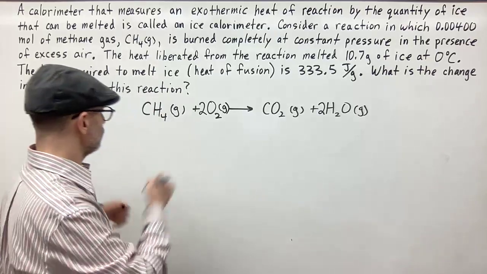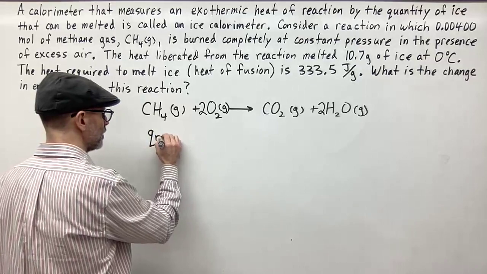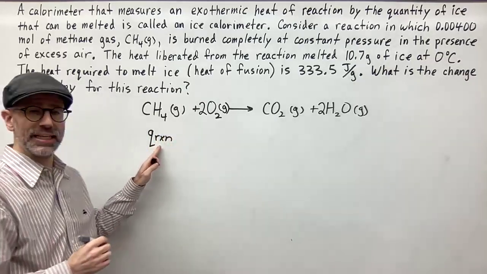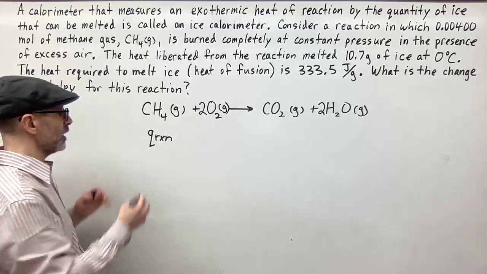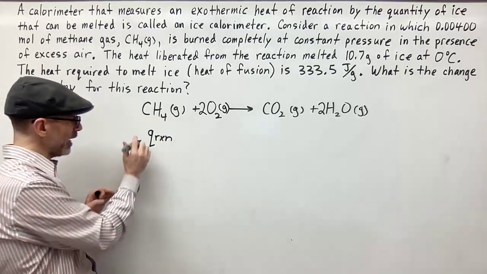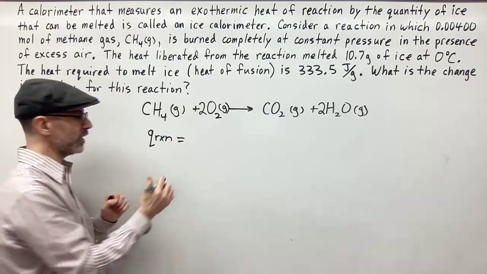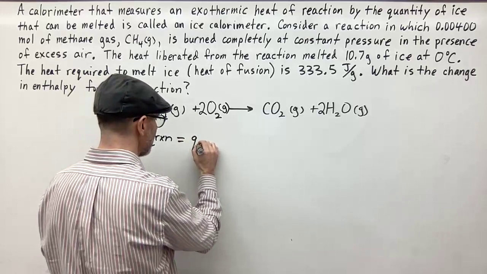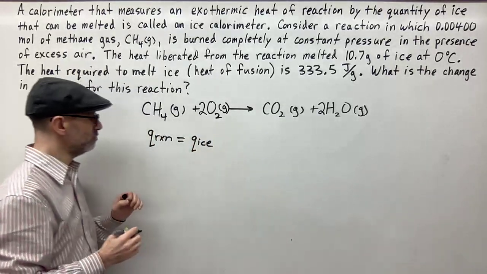So we have the heat of the reaction, Q of the reaction. That's the heat released by the reaction. Q is heat. And so we know that all of the heat that's released by the reaction is going to be equal to all of the heat absorbed by the ice. So Q of the ice.